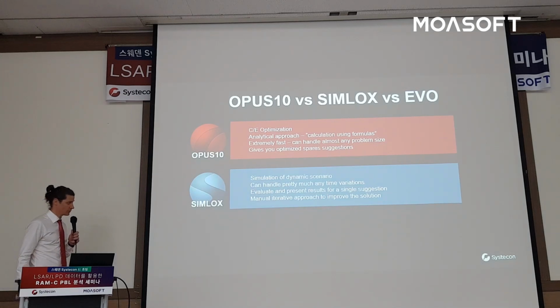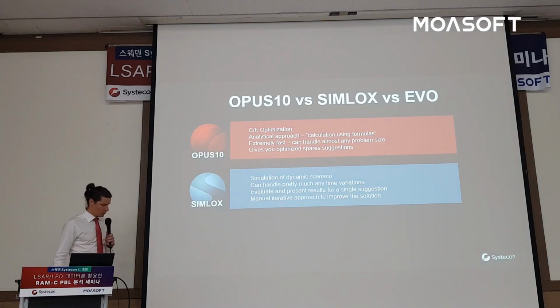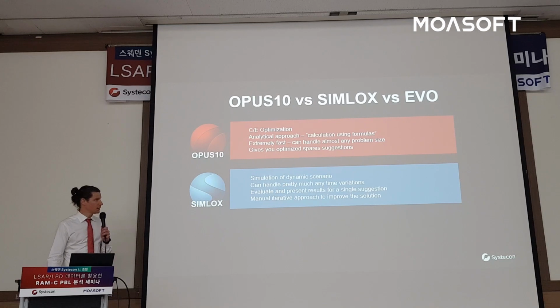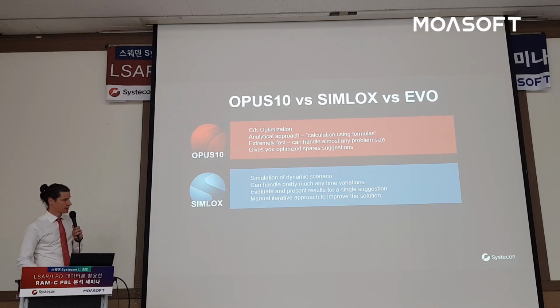Simlogs is the simulation. We are not locked to a steady state. We can build any dynamic scenario with variations over time. We can also evaluate the present results for a certain set of input parameters.